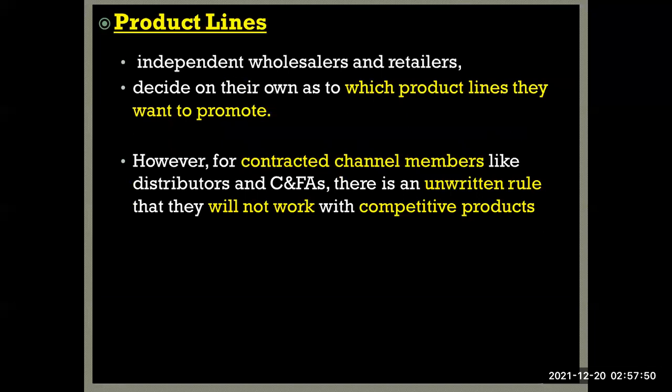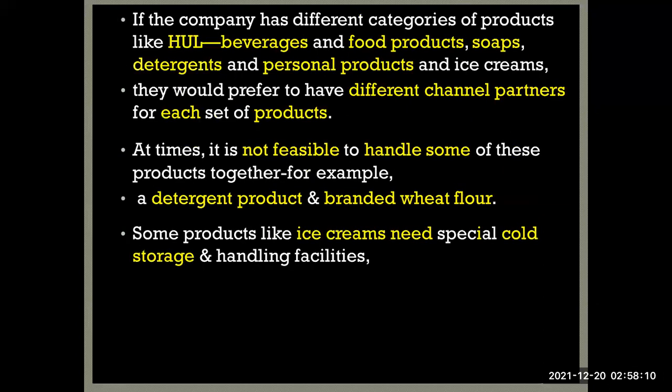However, for contracted channel members like distributors and carry and forward agents, there is an unwritten rule that they will not work with competitive products. So it is expected that if one company is giving a very good margin, then the distributor should not take the dealership of other companies, or at least not from their competitors.